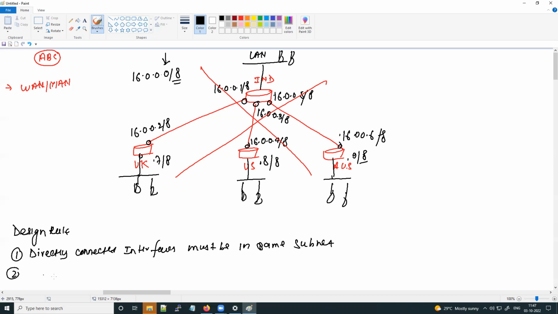Second rule: no two ports of a router can be in the same subnet.